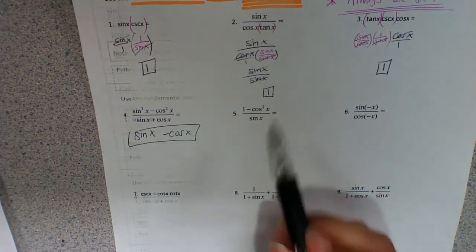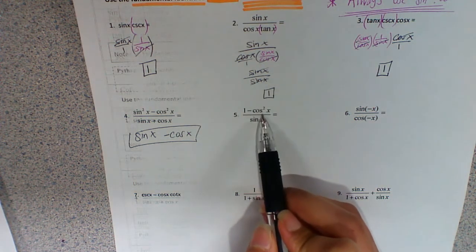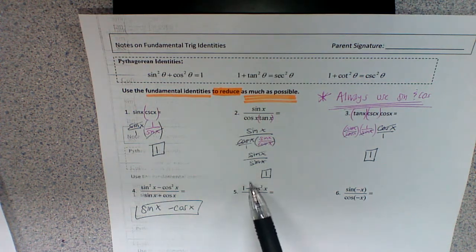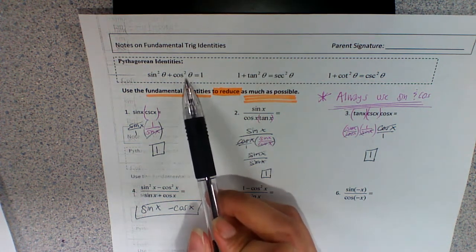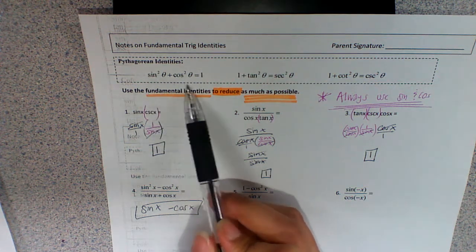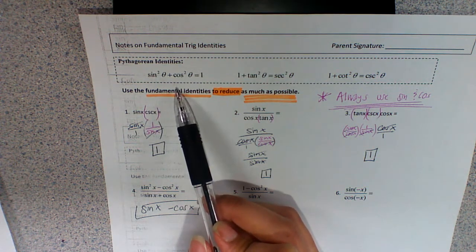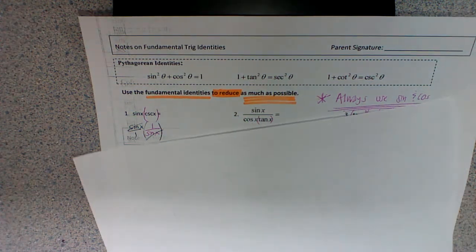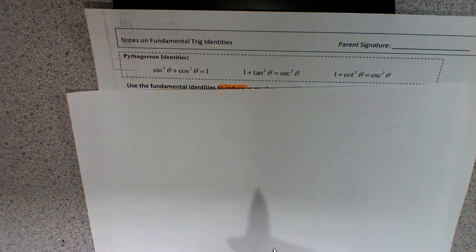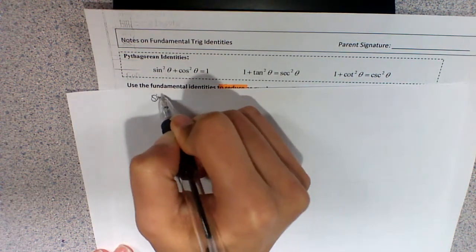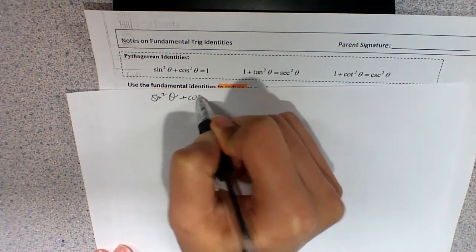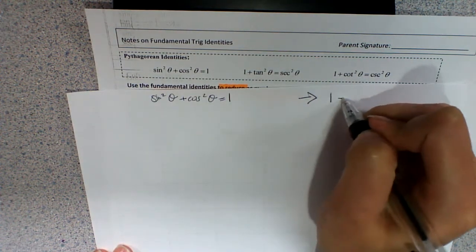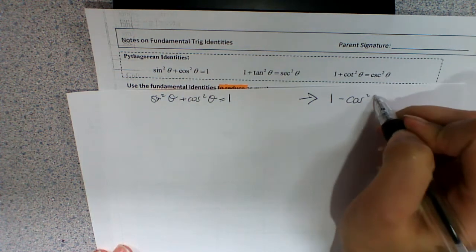Okay, number 5. So again, I see a cos squared, so chances are I can probably use my Pythagorean identities from up top. So I see a 1 and I see cos, so maybe there's some way I can manipulate this. In other words, maybe I can rewrite this so that I can work with it very well. I want to manipulate this equation so that it says what we have in our problem, which is 1 minus cos squared.